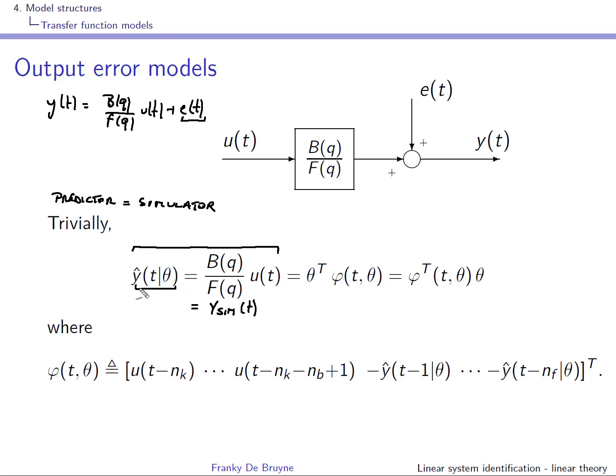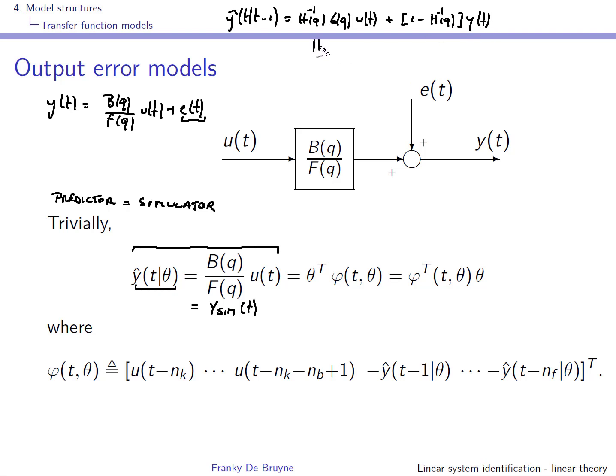Well, this predictor, you can also obtain it, if you wonder, by the formula of the one step ahead prediction, and this is H minus 1(q) G(q) working on u of t plus 1 minus H minus 1(q) applied to y of t.